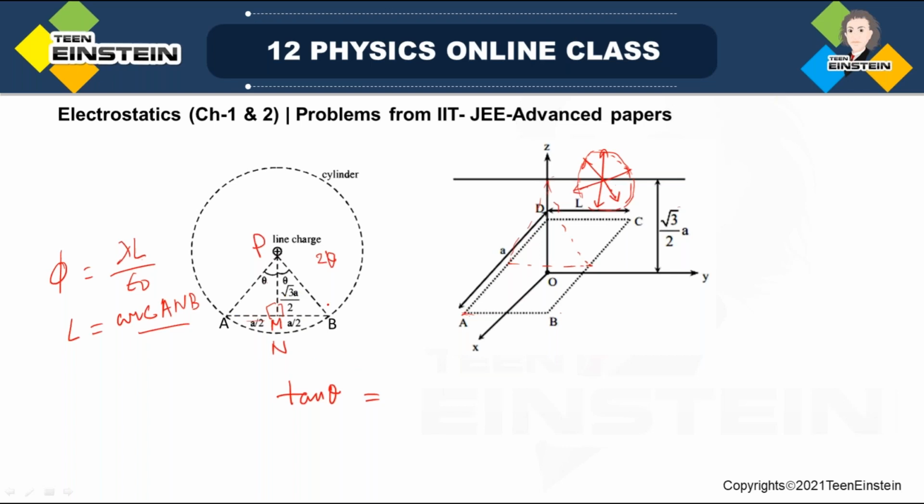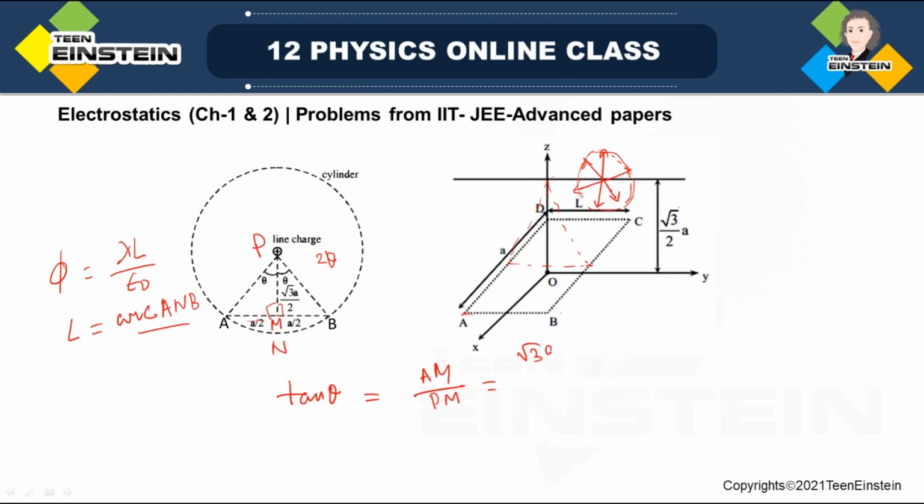Okay, let me just first write down what is tan theta. Tan theta is perpendicular by base. Perpendicular is AM and base is PM or MP. So AM is already given.